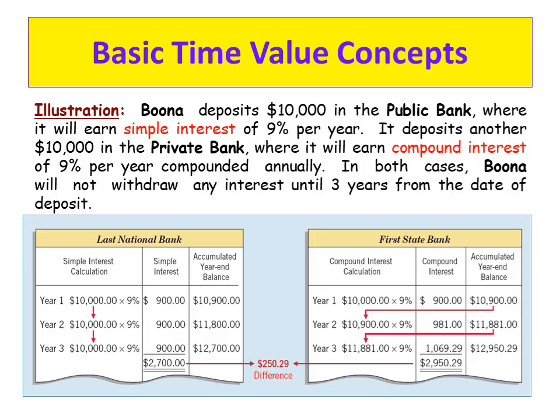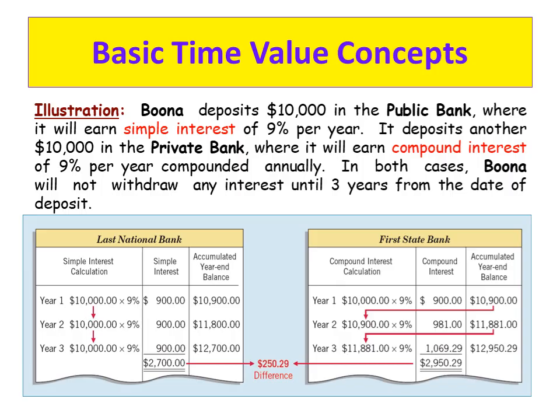9%. The interest becomes 981, and when we add 981 over 10,900, it becomes 11,881. Then we take 11,881 to the third year as principal.